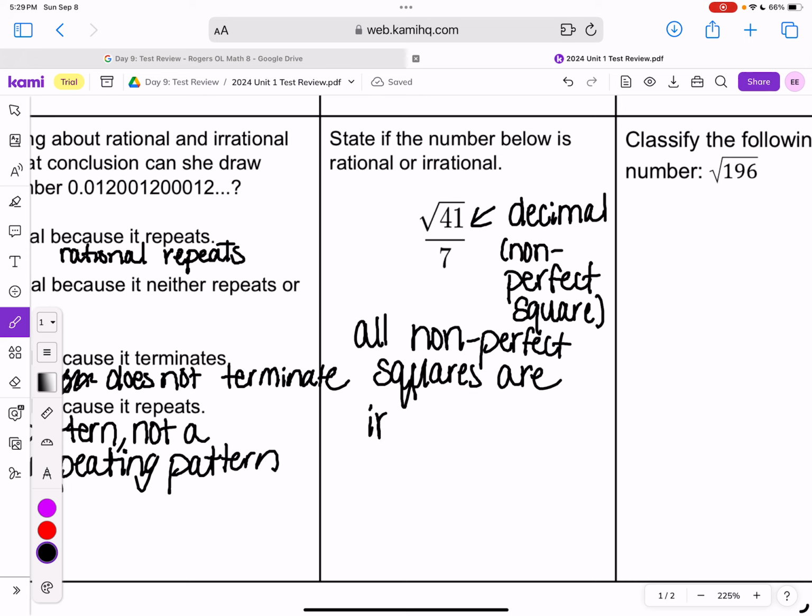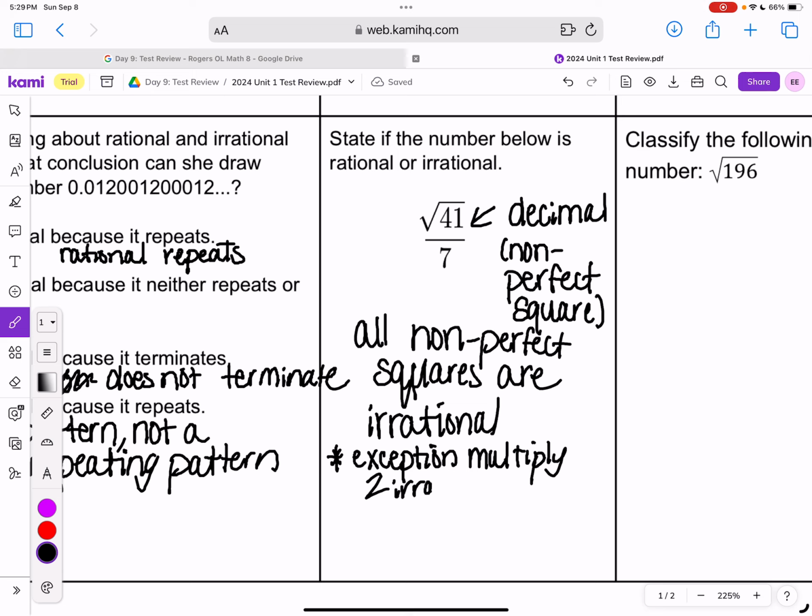There is an exception. It could be if you multiply two irrational numbers. But always double check in your calculator.